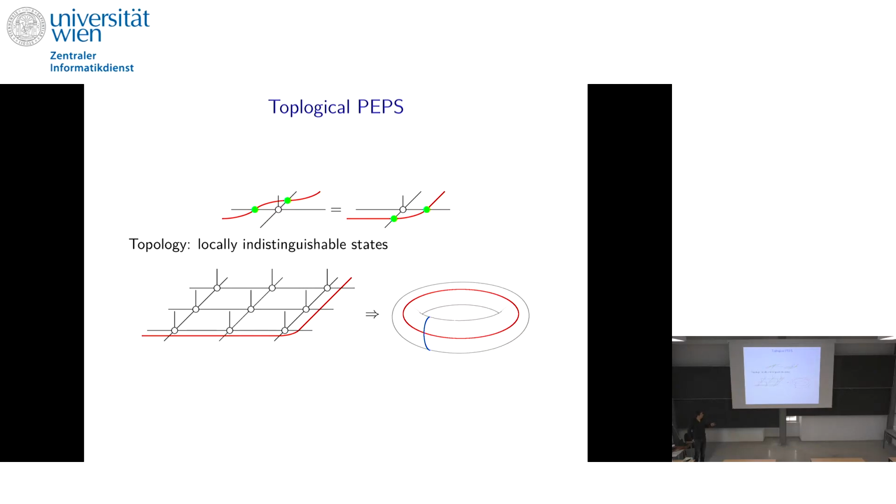If you define your system on a torus, then you can insert two of these symmetries, and then you cannot detect these symmetries locally. And this yields the fourfold degeneracy of the ground state of the toric code, the Z2 symmetry. So basically, this pulling through equation is the origin of topological order.